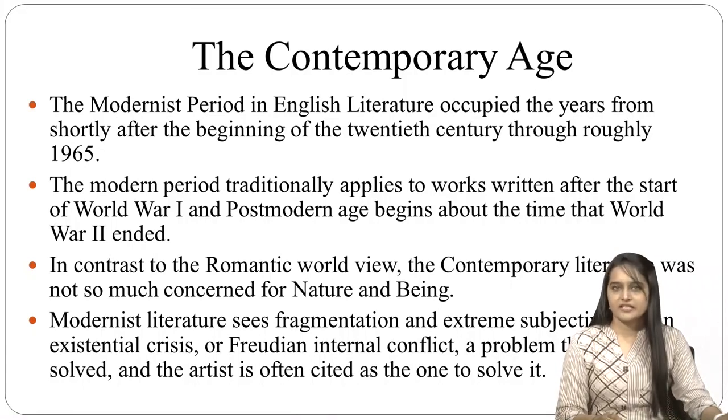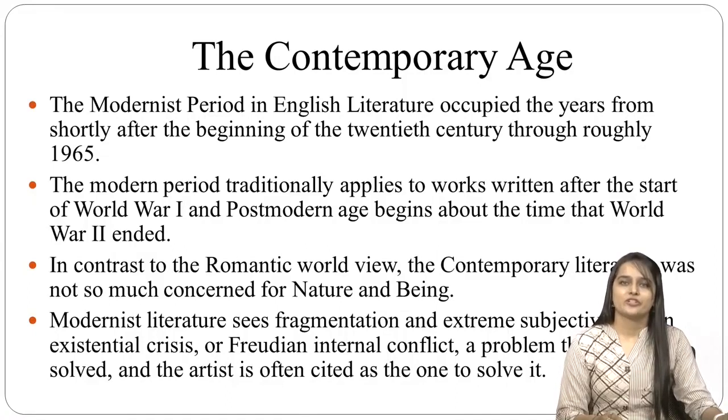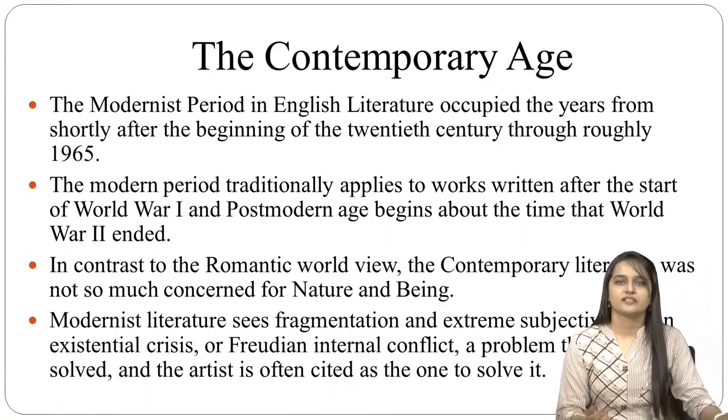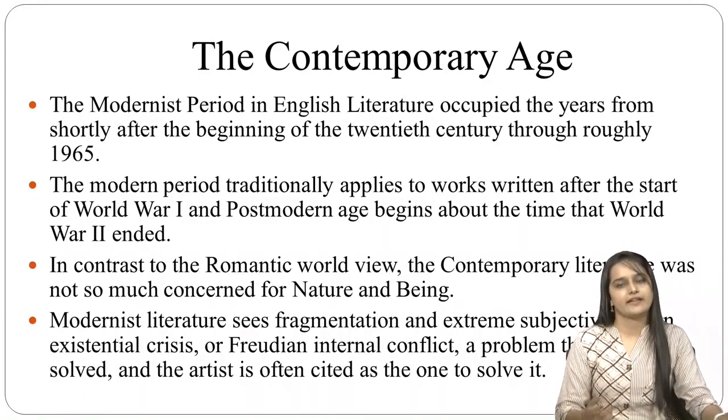The contemporary age starts with the modern period and assimilates the postmodern period as well. The modern period traditionally applies to works written after the start of World War I, and postmodern age begins about the time that World War II ended.